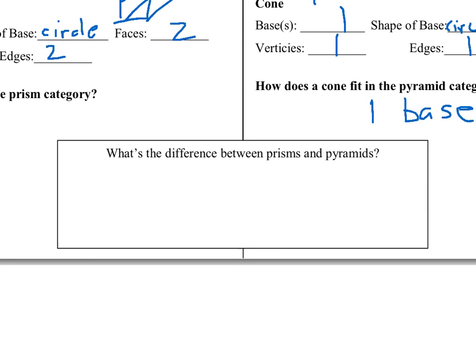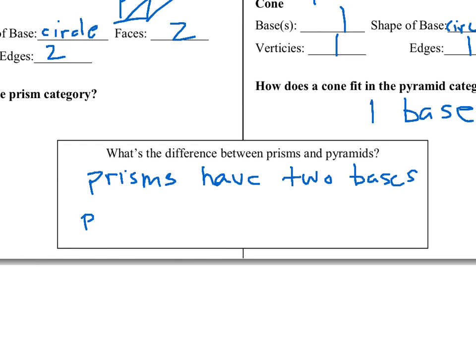Everybody track. Julia, what's the difference between prisms and pyramids? Couldn't have said it better myself. Prisms have two bases. Couldn't have said that more clear. And pyramids have one.